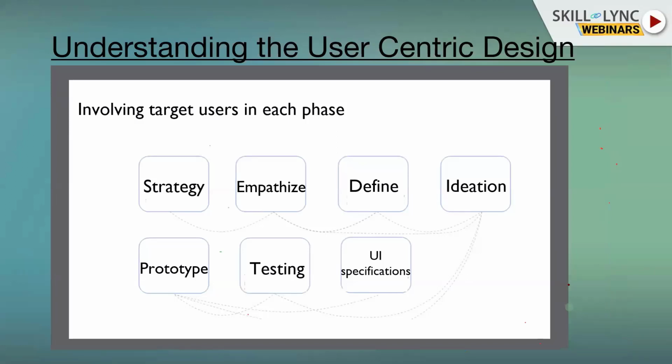When we say human centric design, it's just like user centric design. If I am a UX designer, or you can say you have a design team, the design team will follow these high level phases.